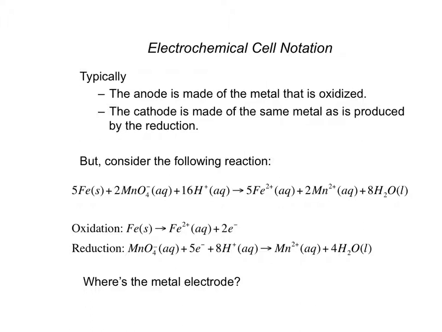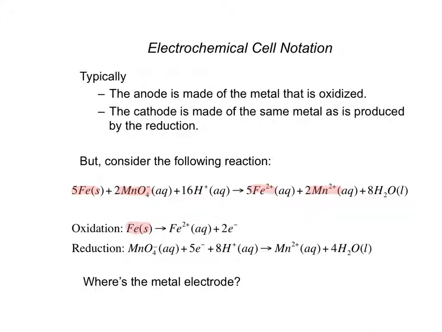We can see redox reactions in electrochemical cells that utilize reactions that don't actually include a metal at all, right? So, for example, if we utilized this redox reaction, where we have iron being oxidized to iron 2+, and manganese, in the +6 oxidation state, going to manganese 2+, we have the oxidation, and we have our nice little anode in the form of solid iron.